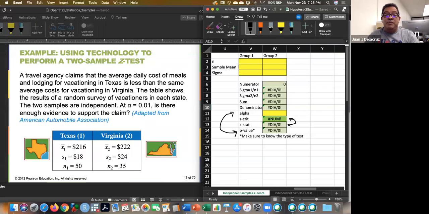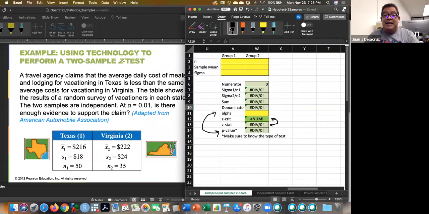Now let's do it in the proper way. So let's state the hypothesis, right? So my H sub 0 and my H sub A, right? So we are looking for the mean value.